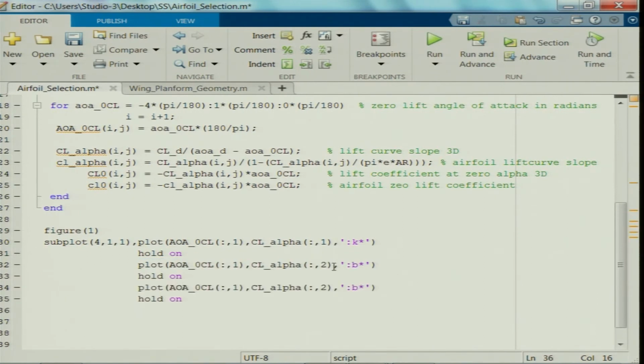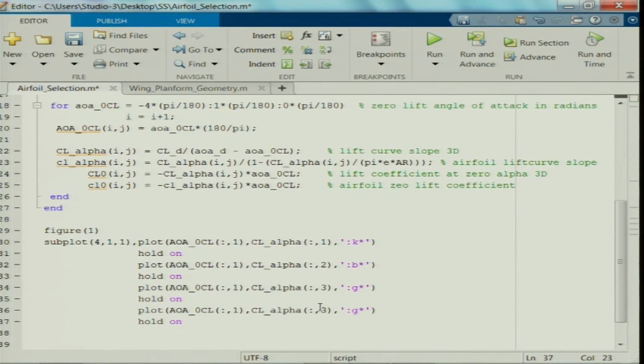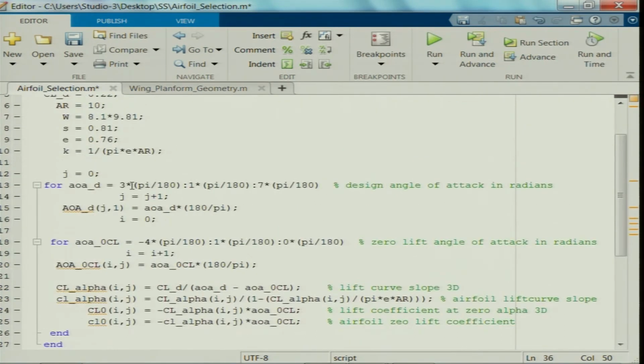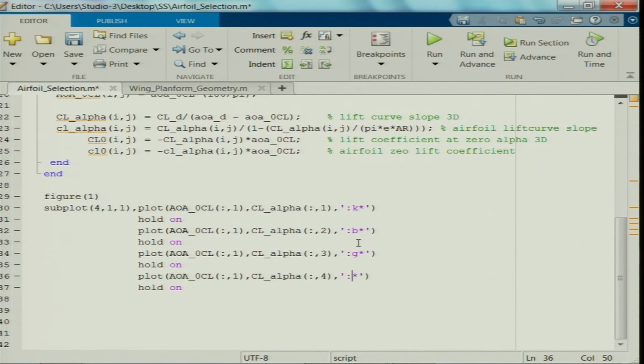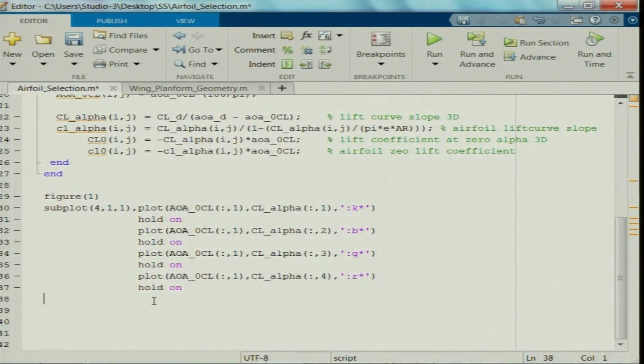So, for 3 degrees, 4 degrees, 5 degrees, this one, right, for 5 degrees, this is for 6 degrees of alpha design, and we varied it from 3 to 7 degrees. So, K, B, G, M, R let us say, and then M, okay, control C, control V. So, this is for 5. So, 3, 4, 5, 6, 7 degrees.